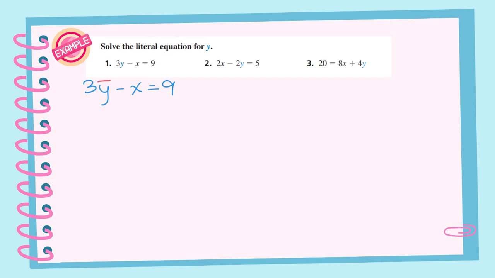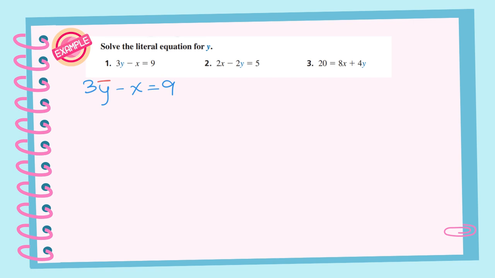The coefficient is 3, right? That means that's multiplication. You can only get rid of that by what? By division, right? But before that, do we have to undo a subtraction or addition that we have here? Who should we get rid of first? The x or the 3?